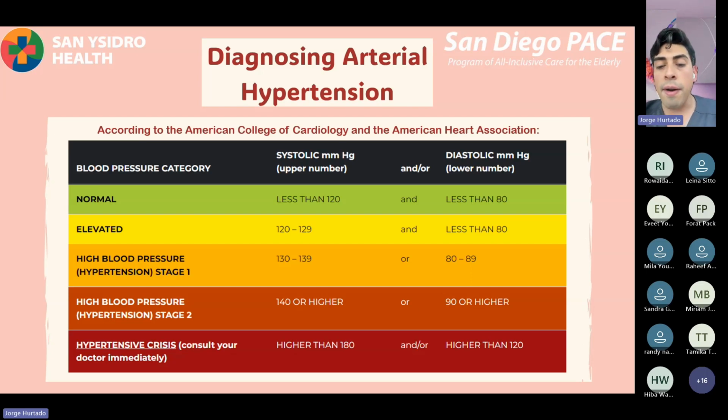So now we have high blood pressure. We're not doing good: 130 and above. Now, over 140 and higher than 180, that's hypertensive urgency, hypertensive crisis. And when the diastolic number is over 90, we also want to worry about that. And when it's higher than 120, we might want to have a physician take a look at us.